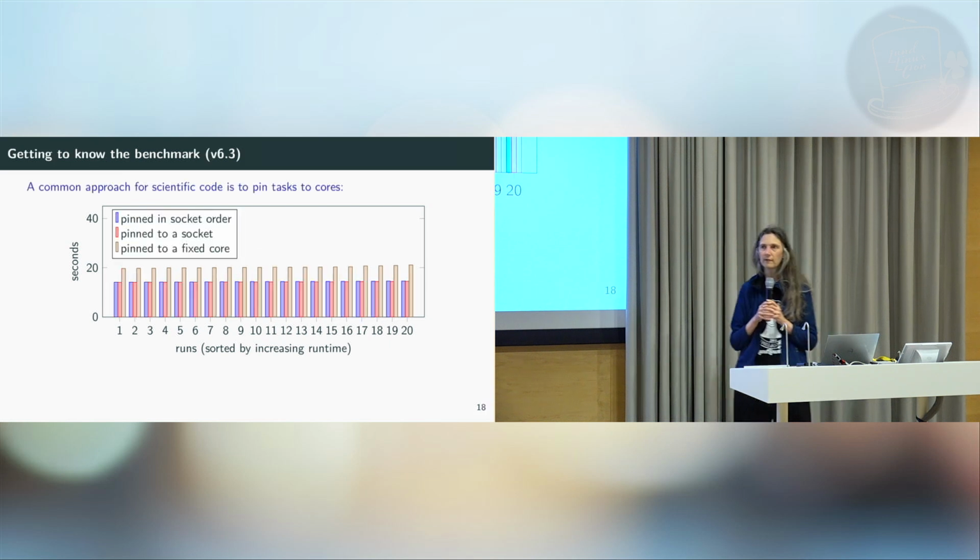So just to kind of get to know the benchmark, one thing that's sort of obvious to do with this kind of scientific computing kernel thing is just, I mean, HPC people, they're not letting the Linux kernel scheduler deal with their code. They're just pinning the threads to the cores and getting what they expect will be the optimal performance. So we can try doing the pinning to see what happens.